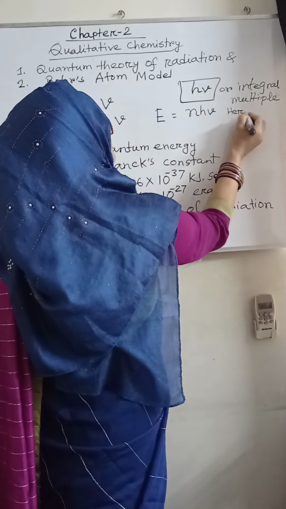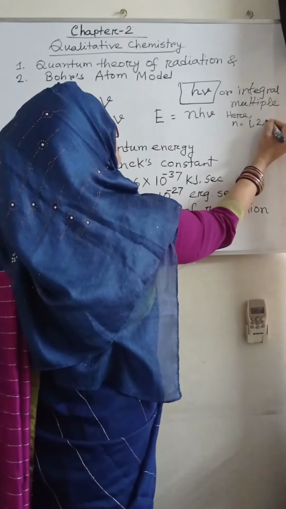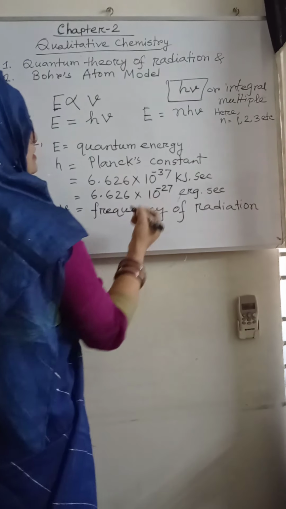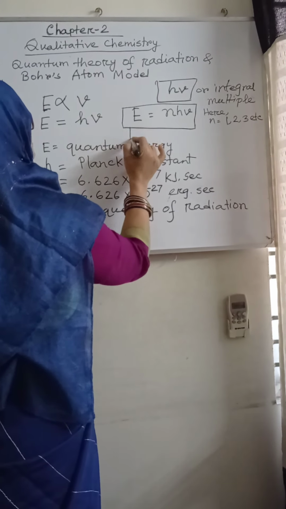Here n equals 1, 2, 3, etc., which represents the energy level, and this equation is called Planck's equation.